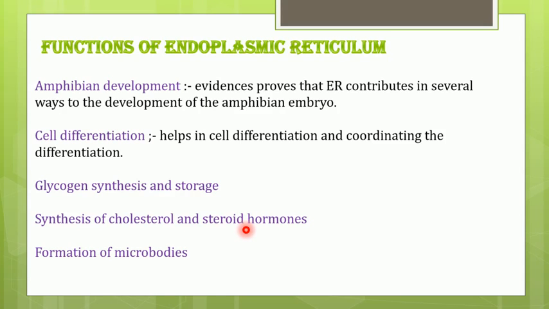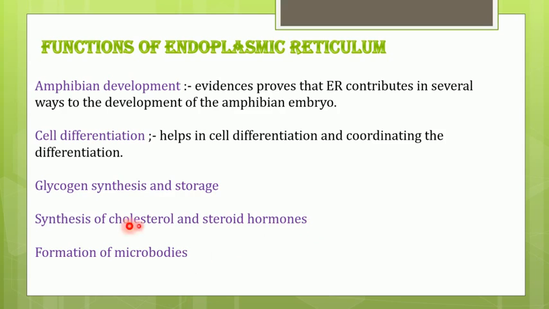We know that these steroid hormones are developed by the testes, ovary, and adrenal cortex. And in these organs, that is ovaries and testes, the production of these steroid hormones takes place with the help of the smooth endoplasmic reticulum. So that is the role of the smooth endoplasmic reticulum in synthesis of cholesterol, and from this cholesterol steroid hormones are developed.